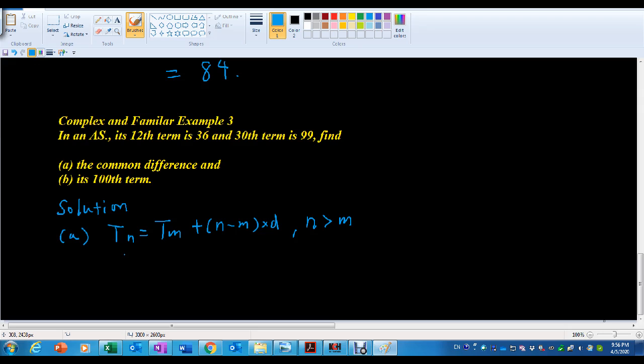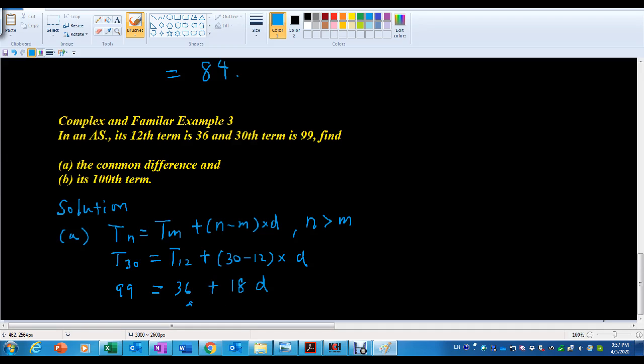Okay, so n must be 30, m must be 12. Okay, so you are going to find the common difference. That means that d will be unknown this time. So it's 99 equals 36 plus 18d.